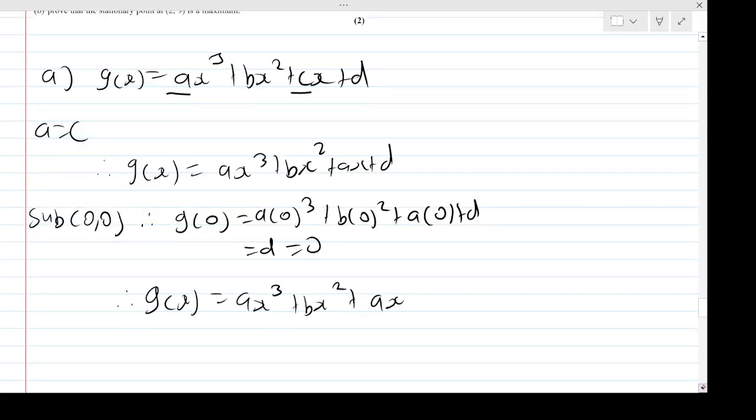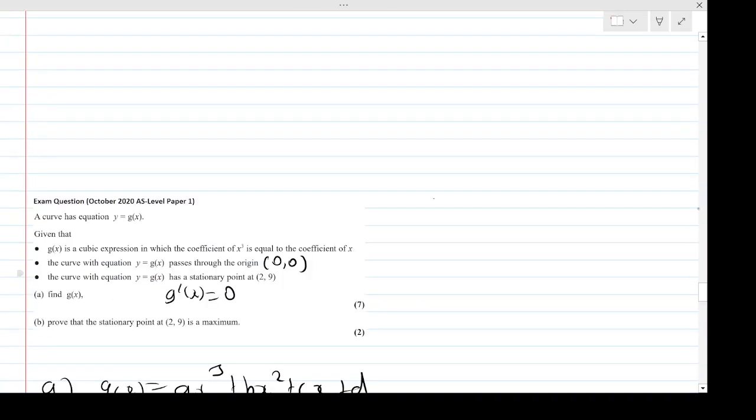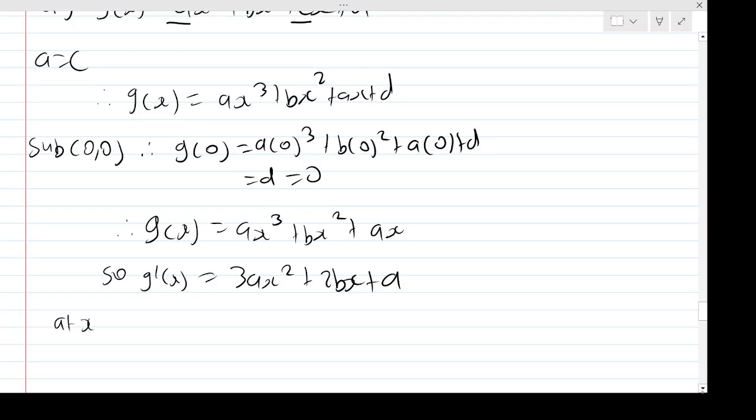Now I'm then told that g of x has a stationary point at 2, 9. So that means that g dash of x, the derivative, has to be 0. Now if I differentiate this expression, I will get 3ax squared add 2bx add a. I am then told that 2, 9 is a stationary point. That means x is 2. That is what I'm going to substitute in. So g dash of 2 is equal to 0.